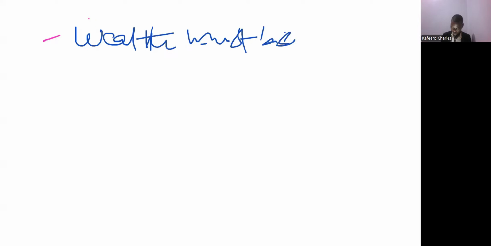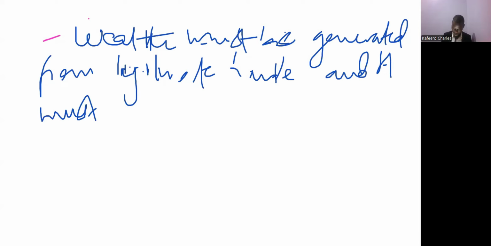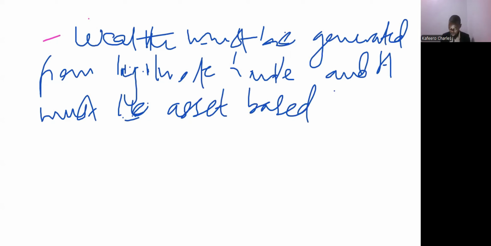So they are saying that wealth must be generated from legitimate trade, and it must be asset based. It must be asset based investment.